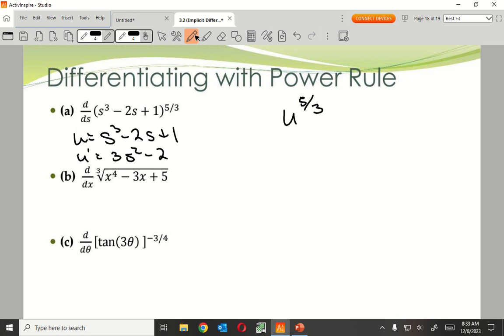So taking the derivative of the outside now, so I have the inside, outside, so the derivative of the outside is going to be 5 over 3, U to the 2 over 3, very good, times the U prime, which is 3S squared minus 2.